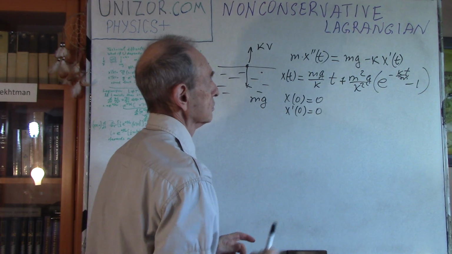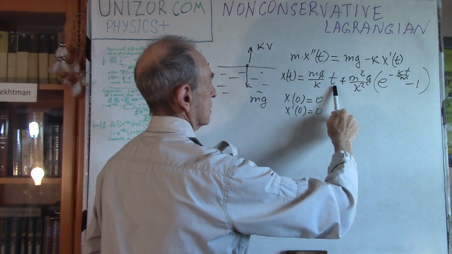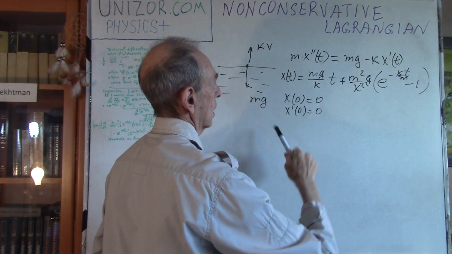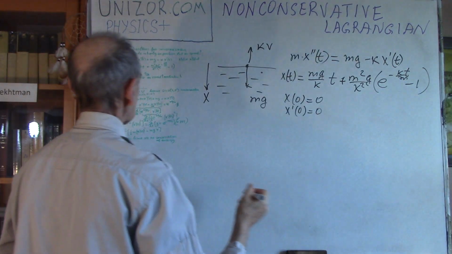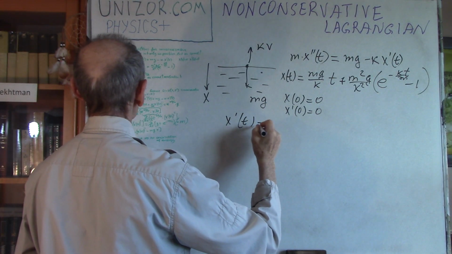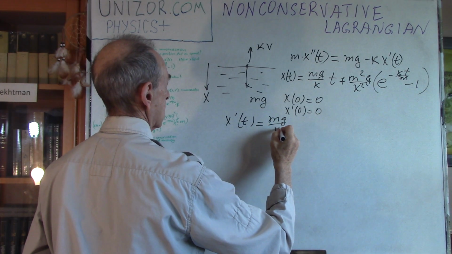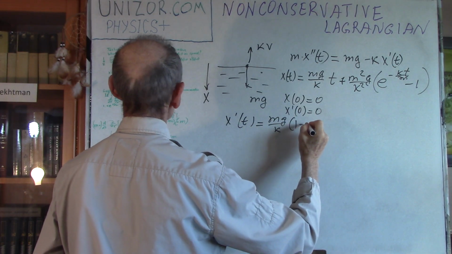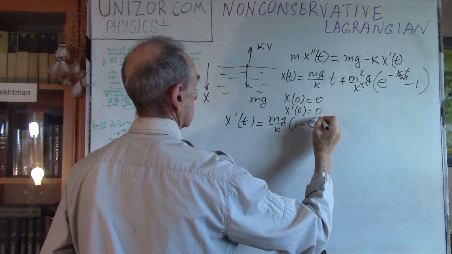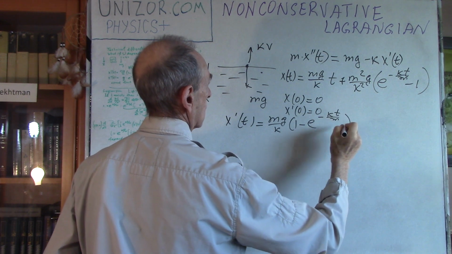Now if t is equal to 0, this is equal to 0, and this is 0, so it's 0. And then I can put the expressions for the first and the second derivative. The speed is mg divided by k, times 1 minus e to the minus kt divided by m.